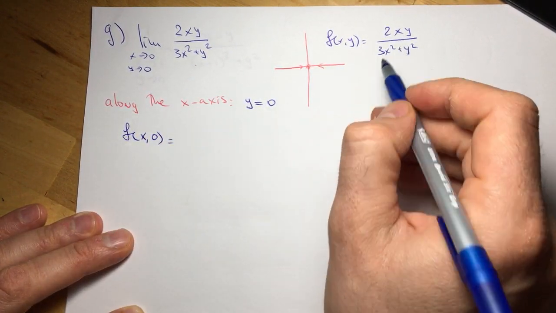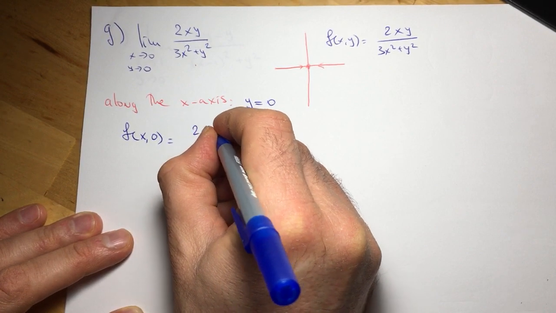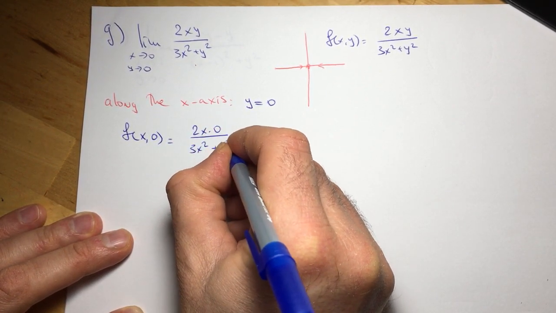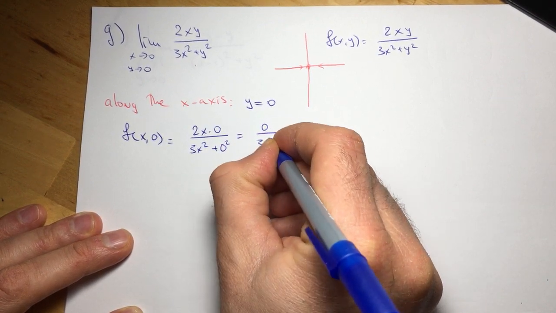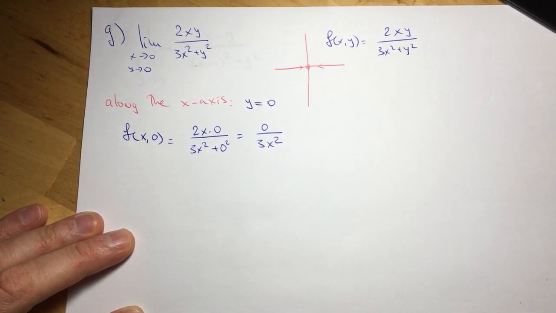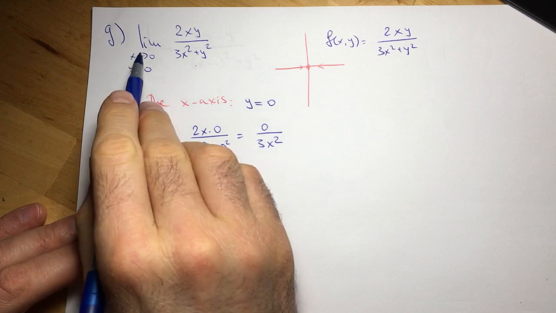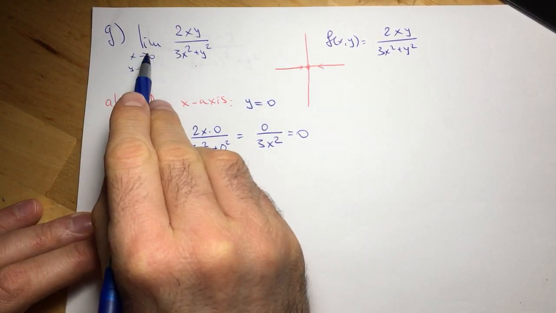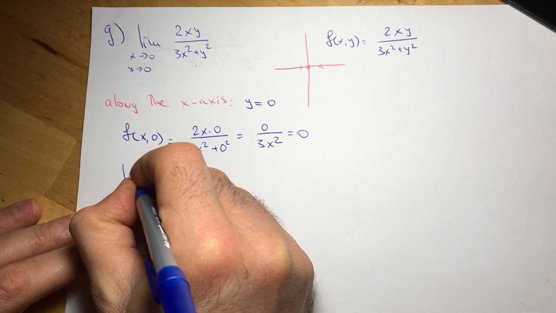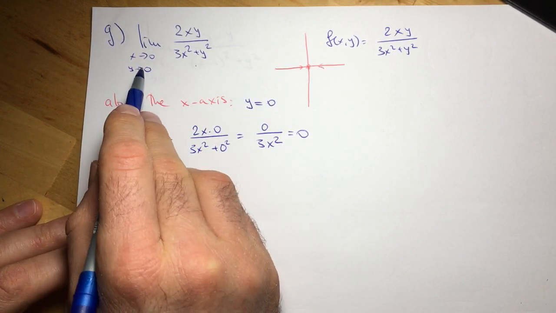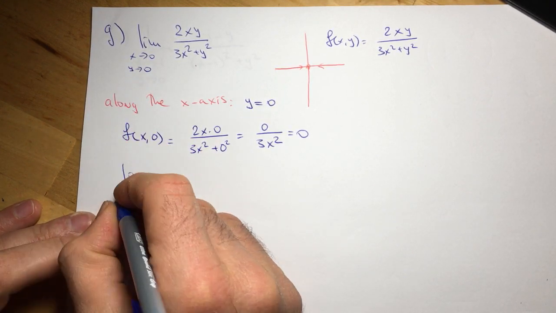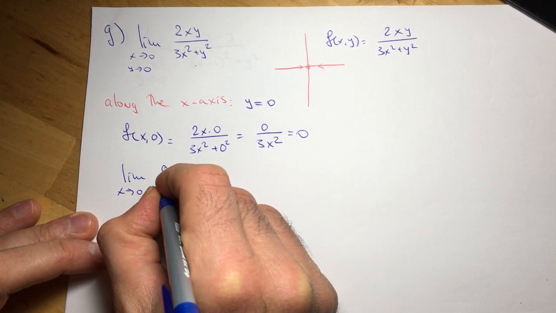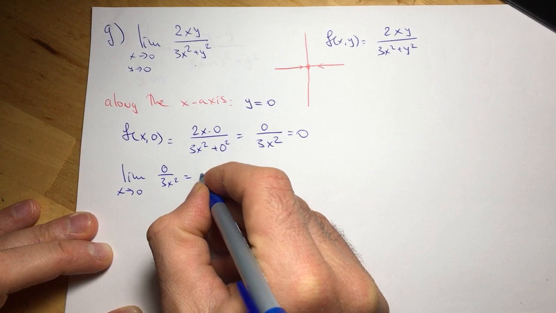Now if you plug in y equal to 0, you get 2x times 0 over 3x squared plus 0 squared, or 0 over 3x squared, which is only 0, right? Because y is fixed at 0, this limit just becomes the limit as x goes to 0 of 0 over 3x squared, which is 0.